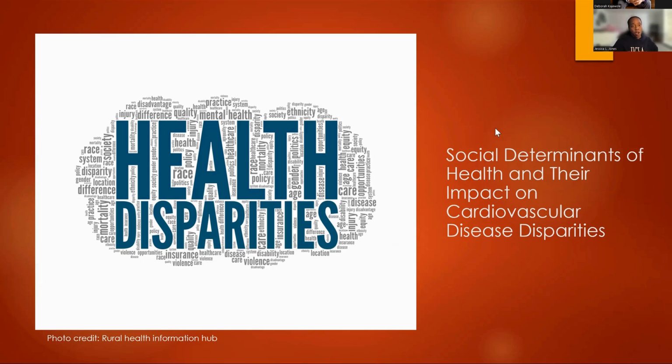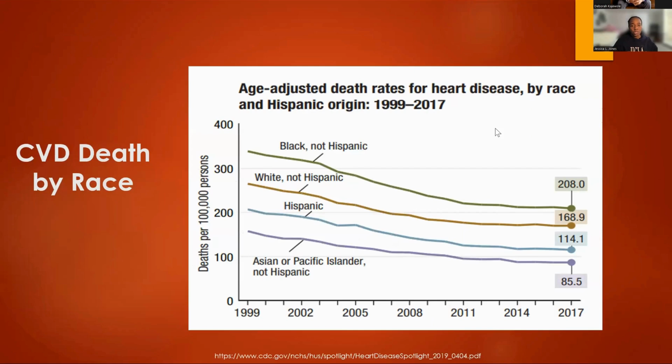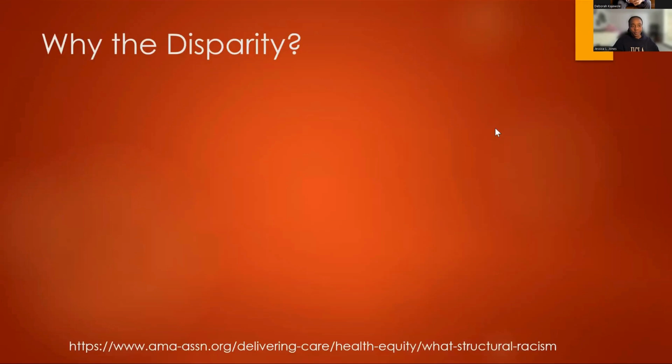So let's talk about why this disparity, or difference. I just wanted to refer back to this one slide. It lets us know that Black people have the highest rates of death from heart disease in the United States, and Black people are dying from heart attacks. So why?